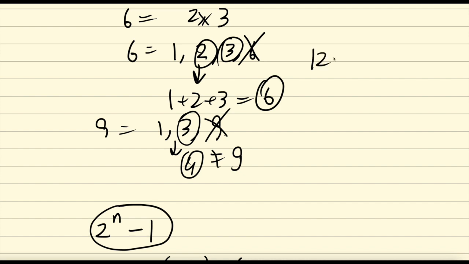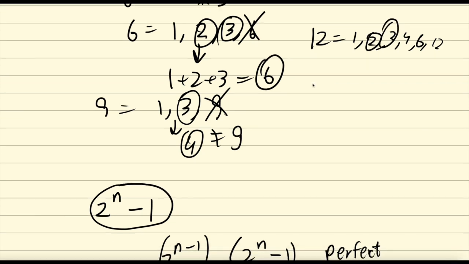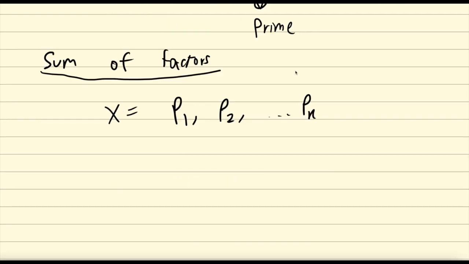Let's say you have 12, you can write it as 1, 2, 3, 4, 6 and 12. Well, the prime factors of 12 are 2 and 3. Okay, so now basically these are all the prime numbers which divide x, right? So any number x can be written as an exponential product of these prime numbers, right?